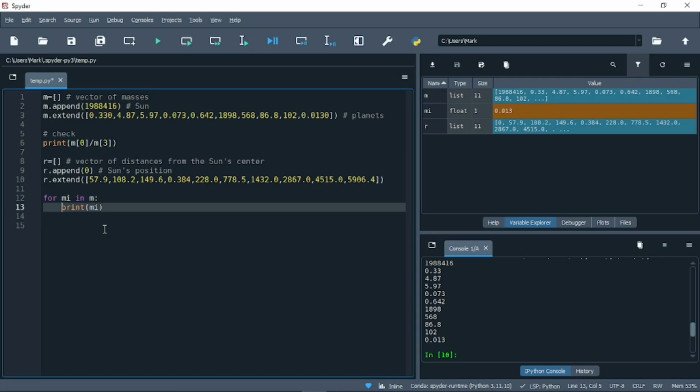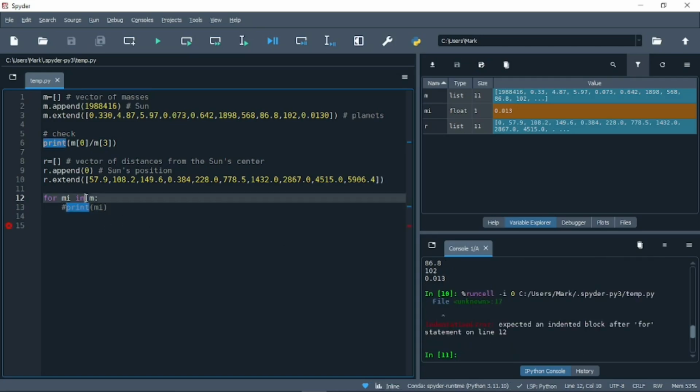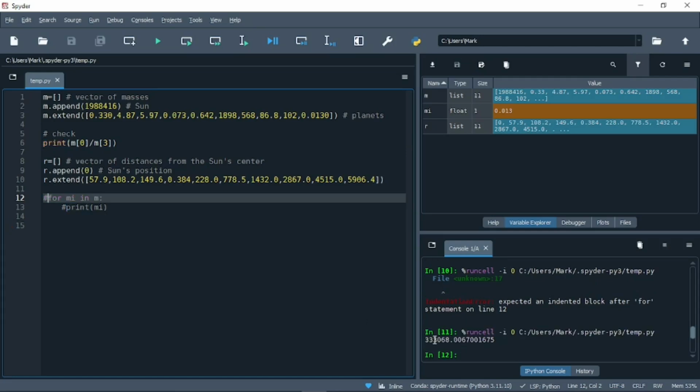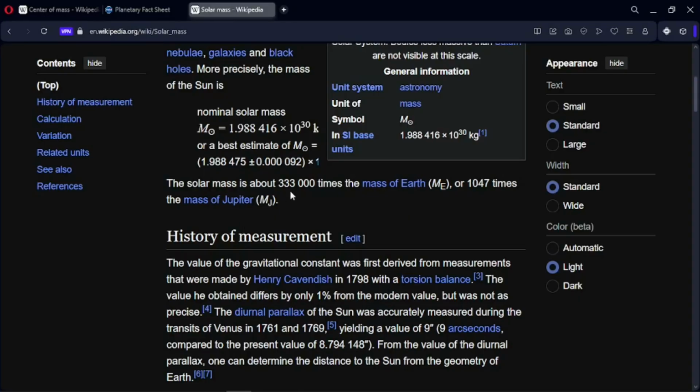If we run the code, it's about 3,300,000 times. This is approximate.